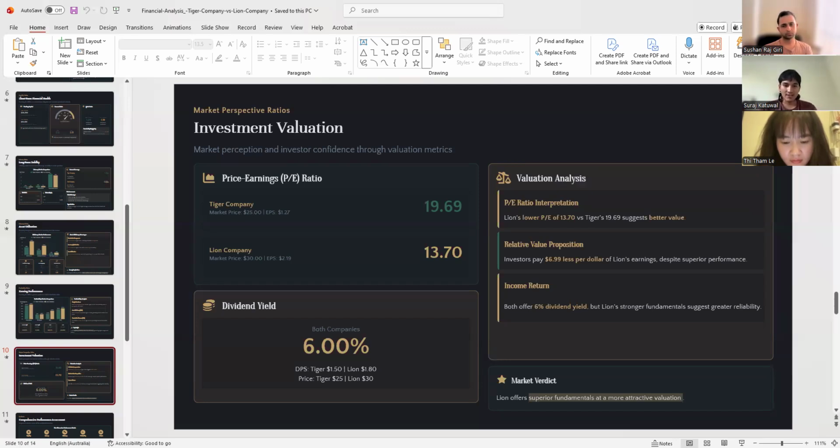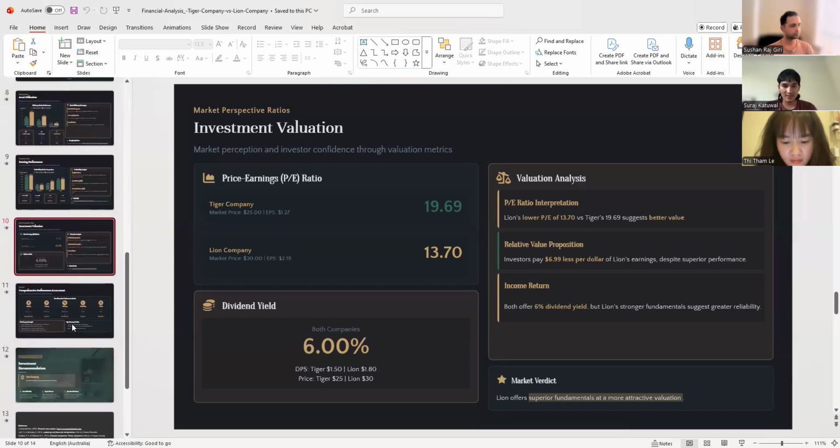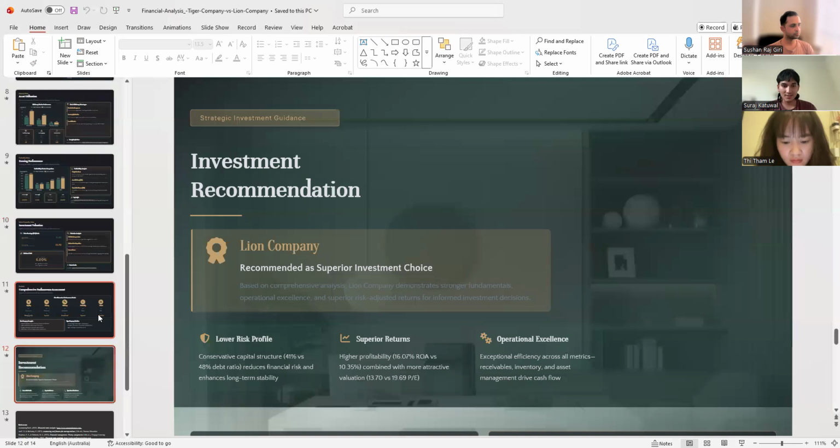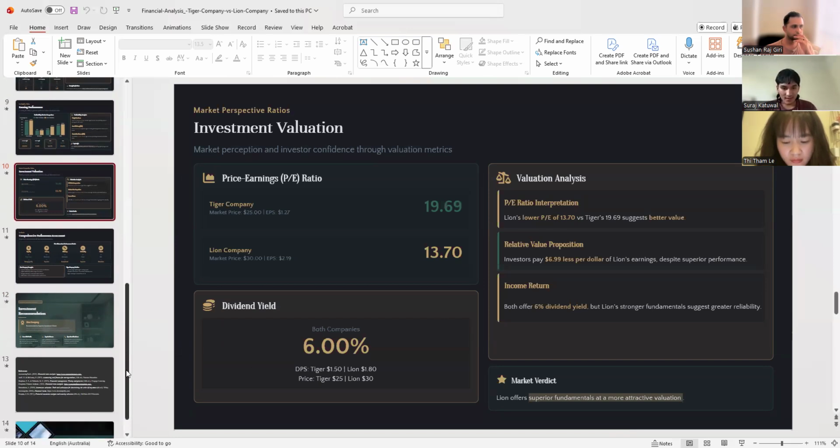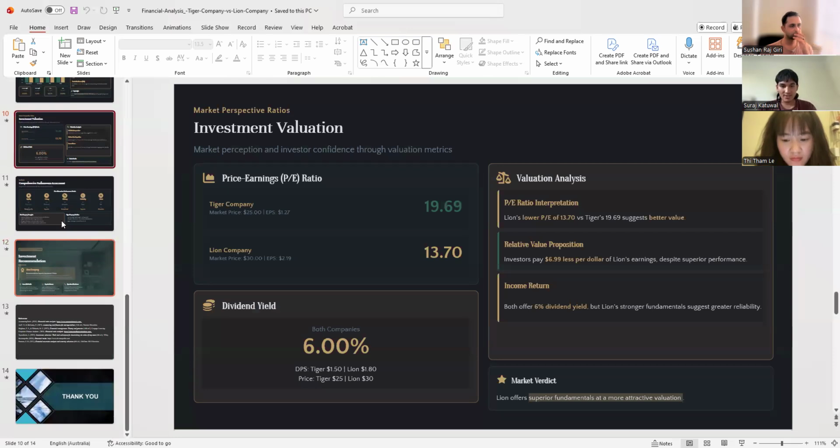Lion's return on assets of 16.07% significantly exceeds Tiger's 10.35%, demonstrating superior asset utilization. Similarly, Lion achieves a return on equity of 20.69% compared to 18.72% for Tiger. These results confirm that Lion delivers strong returns to both the business and its investors.